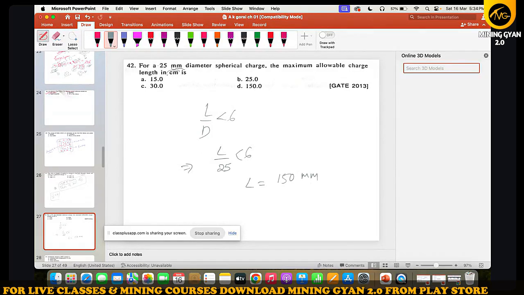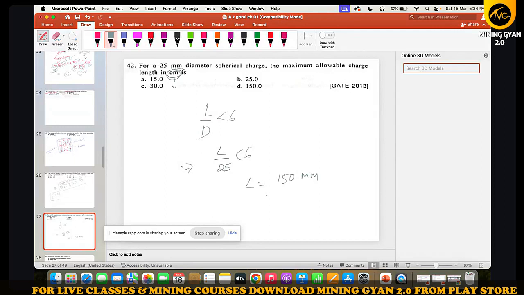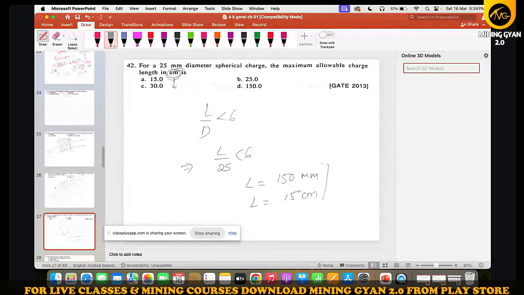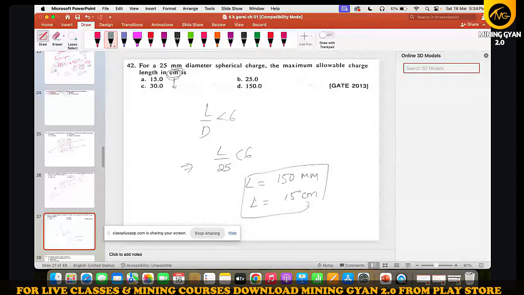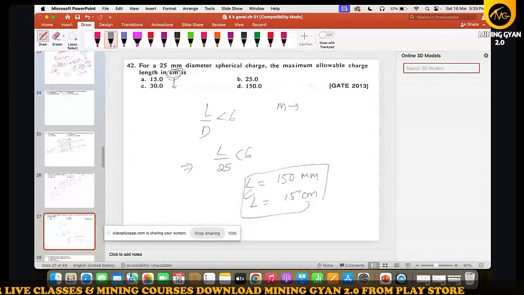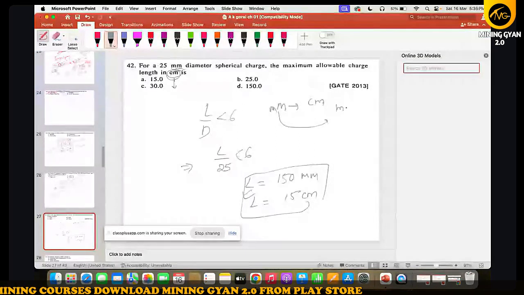He has asked us in cm. To convert it to centimeter, divide by 10, so it will come in centimeter. Whichever unit they ask the answer in, write it. So you should know how to convert mm to cm, and mm to meter. Okay, you should know.